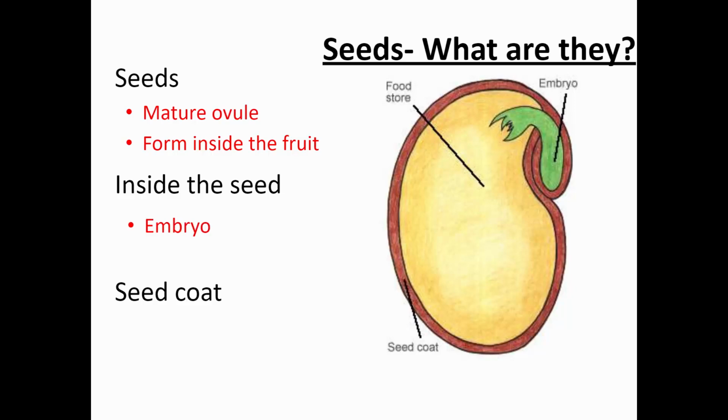Inside of the seed, there's the embryo, tiny little plant. And then there's the food supply, which is most of the inside. It's all surrounded by a thin sort of outer covering, the seed coat, helps protect the seed.